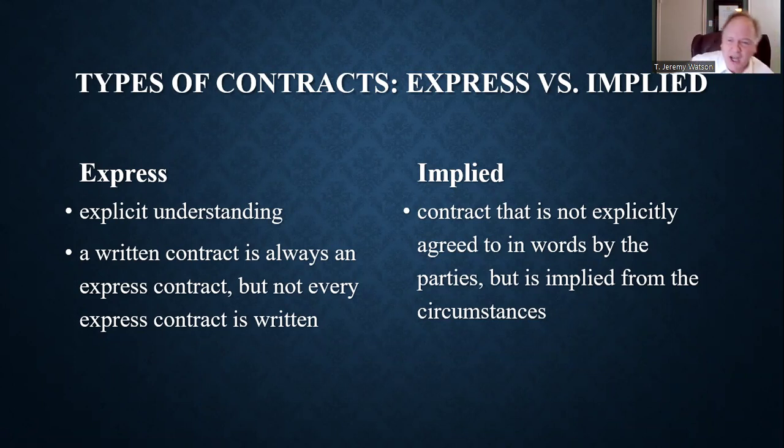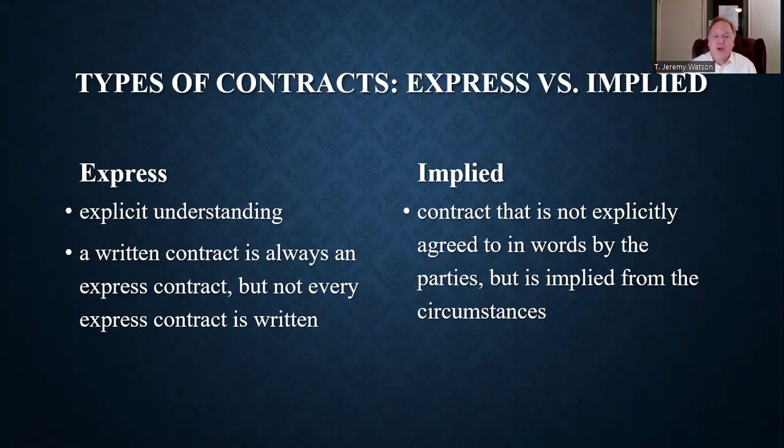Well, an express contract, that's the easiest, right? An express contract is where the explicit obligations of the contract have been stated. They've either been written down or they've been stated out loud. You could have an oral express contract, or you could have a written express contract. But if all of the details of the agreement are written out, then it's an express contract.